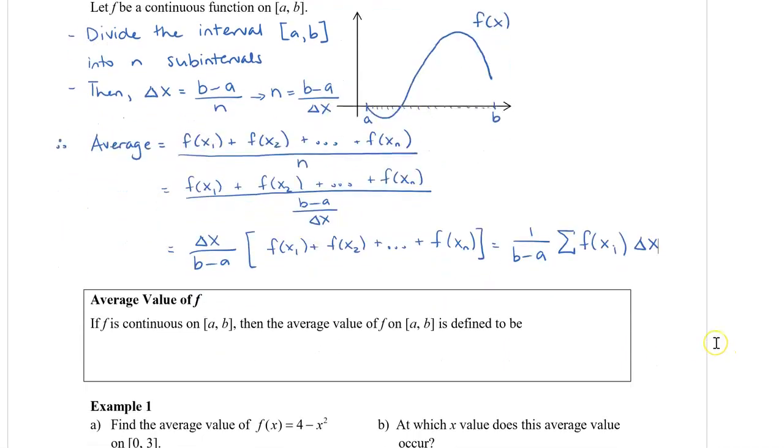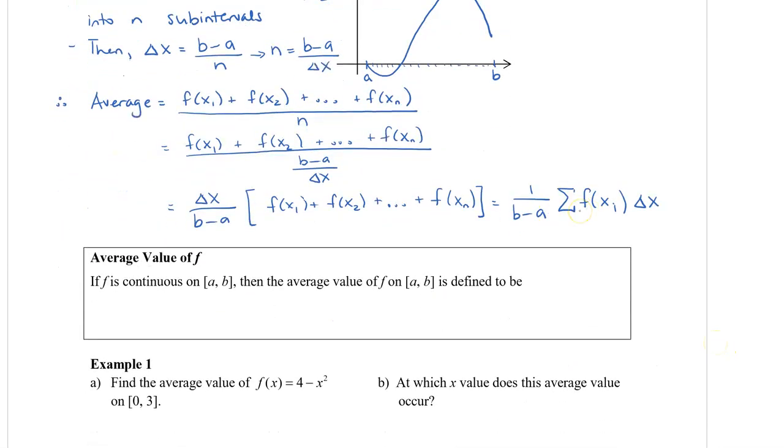So as you can see, this sigma notation, the sum, gives us a nice little formula here using the integral. So we can say that if f is continuous on a to b, then the average value of f on the interval a to b is defined to be f average equals 1 over b minus a, and then we have the integral from a to b of f of x dx.